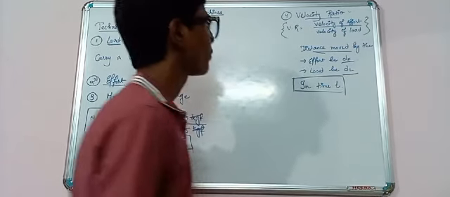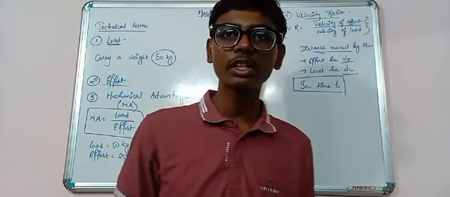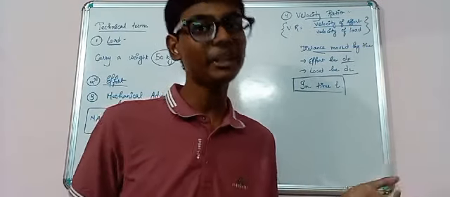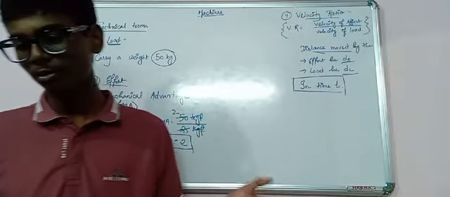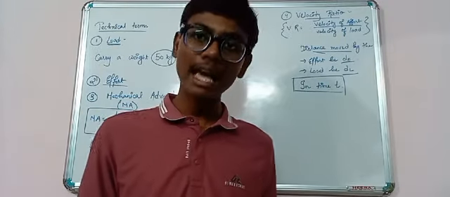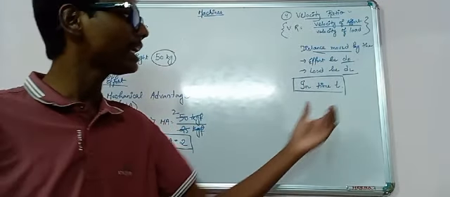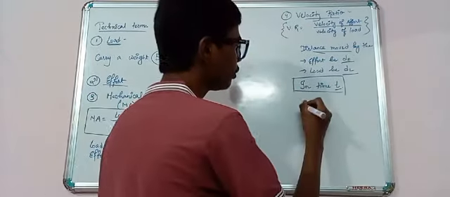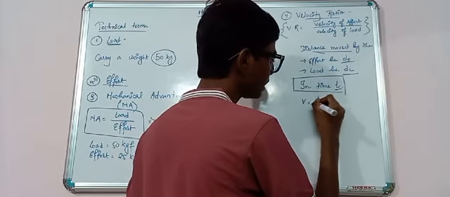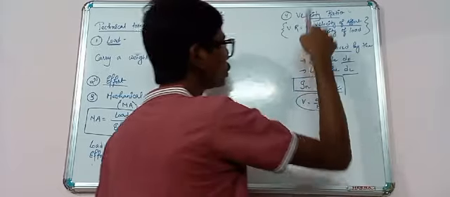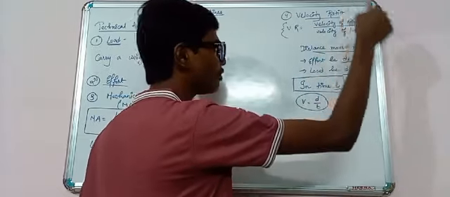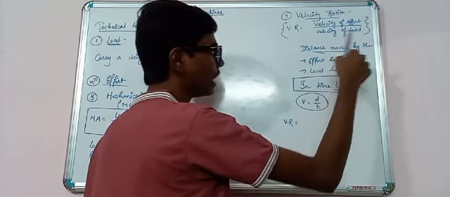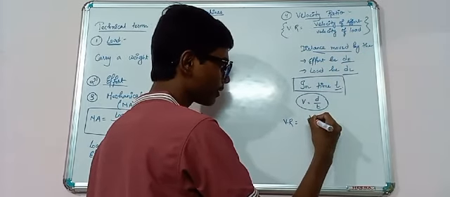So I repeat, velocity ratio is the velocity of effort by velocity of load. Let the distance moved by the effort be dE, and the distance moved by the load be dL, in the same time t. Now we know velocity is equal to distance by time. So instead of velocity of effort and velocity of load, we can write that VR is equal to dE by t.